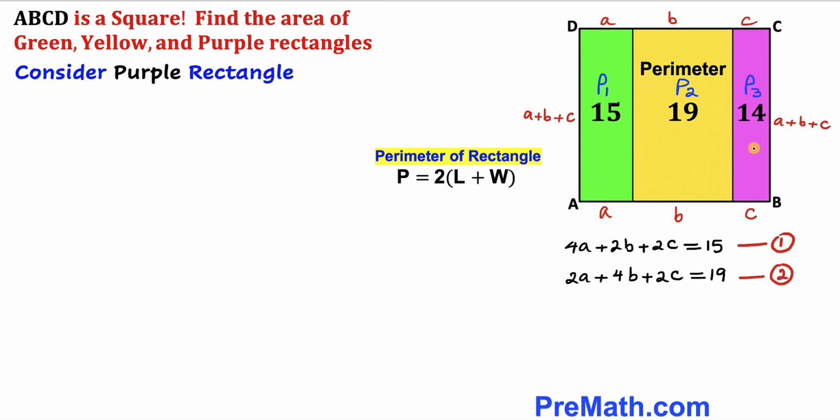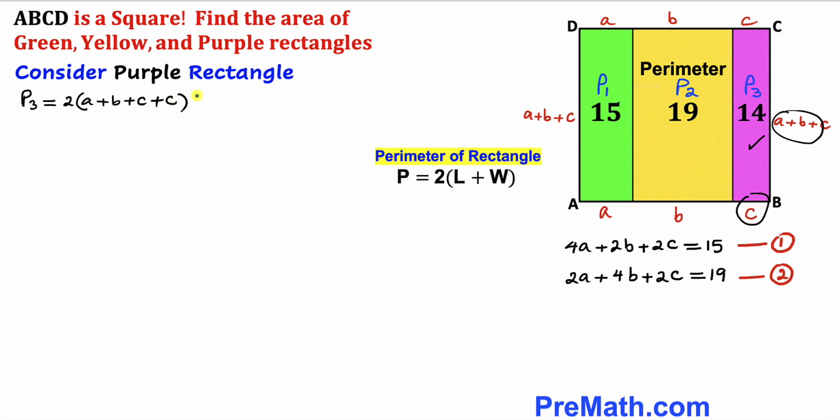And finally, let's focus on this purple rectangle. So our perimeter this time is going to be P3 equals 2 times (our length is A plus B plus C, plus our width over here is C).